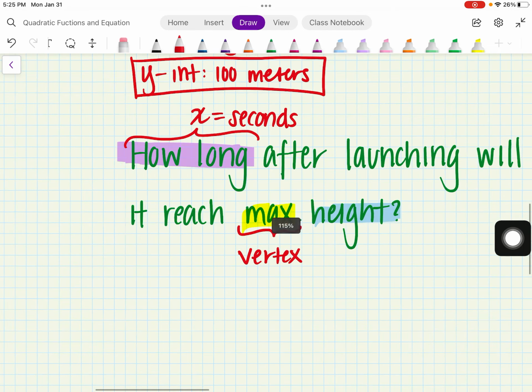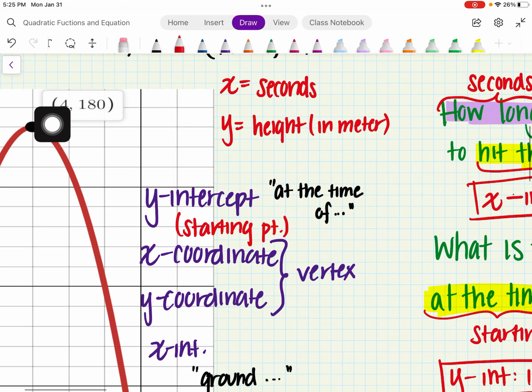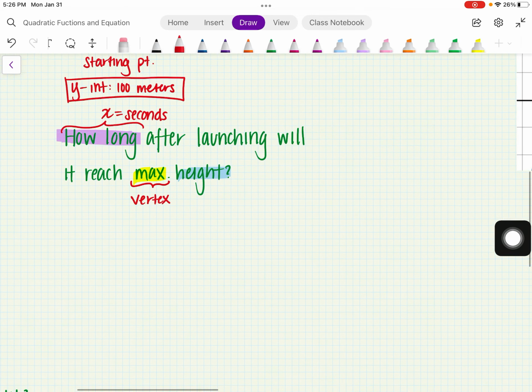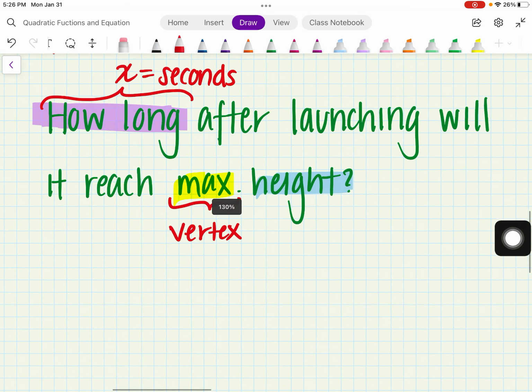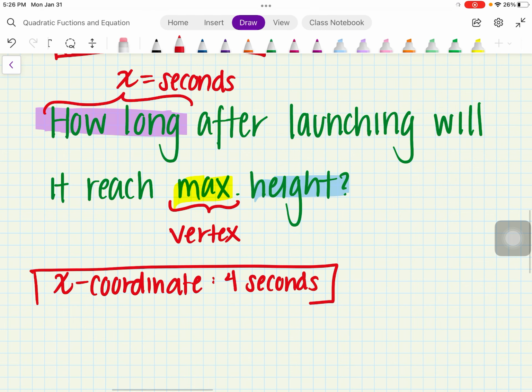So if we take a look back at our vertex, our X in this case is going to be 4. So our answer in this case for the X coordinate is going to be 4 seconds. So that was for the first one.